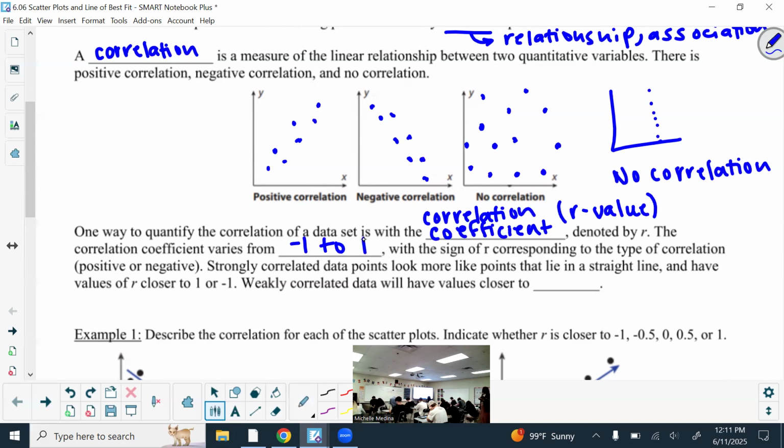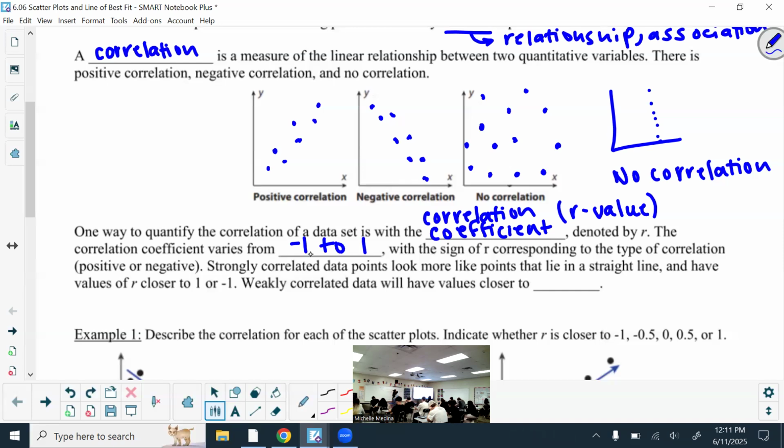With the sign of the value corresponding to the type of correlation, positive or negative. So if the R value is positive, then I know on the graph, it looks like as X is going up, so is the Y. If it's negative, it's going down. And remember, there's a bunch of numbers in between -1 and 1, a bunch of decimals in between.